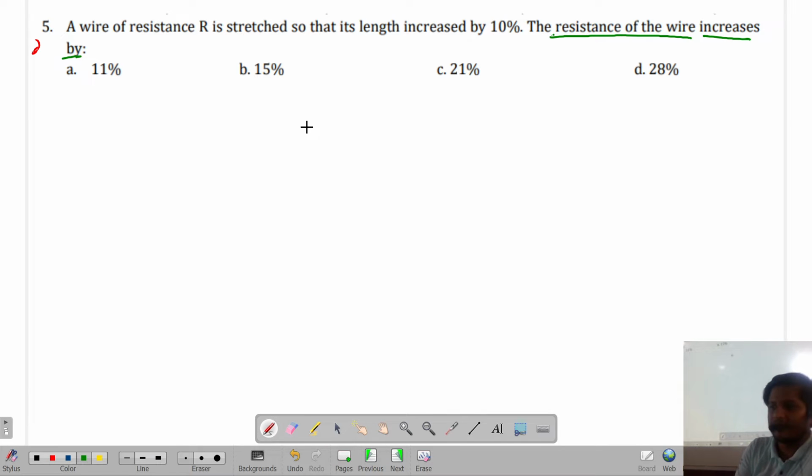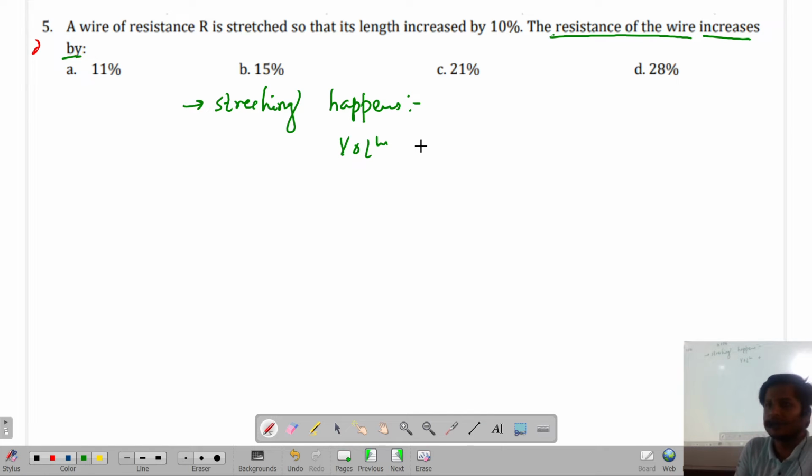I have given one formula: for stretching cases, if stretching happens, what remains constant? Volume remains constant or not? Tell me yes or no. Volume remains constant.